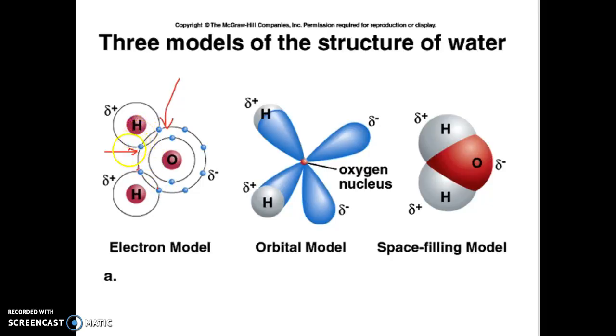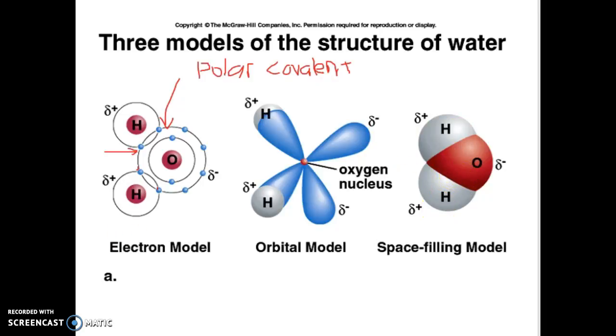They're polar covalent bonds. That's the thing to remember about water. When it forms, the 2 hydrogens and the 1 oxygen set up a polar covalent bond, and that is what will hold that hydrogen to that oxygen, that hydrogen to that oxygen.